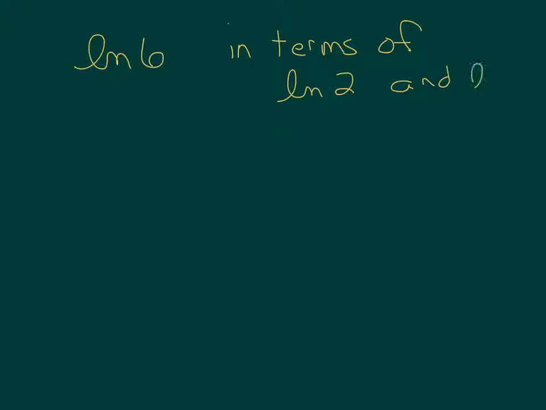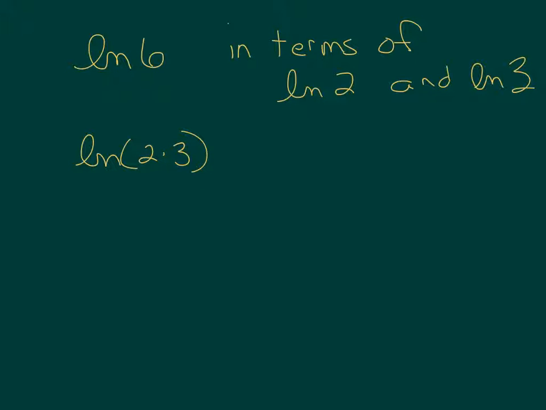Okay, I want to rewrite the natural log of 6 in terms of the natural log of 2 and the natural log of 3. So 6 is the same as 2 times 3, right?